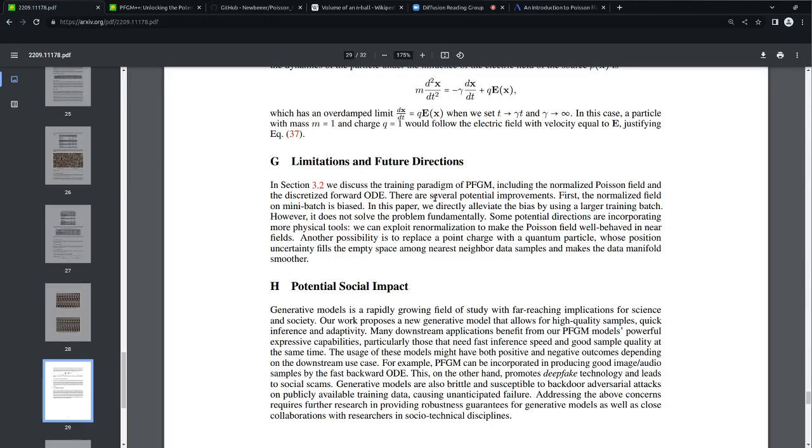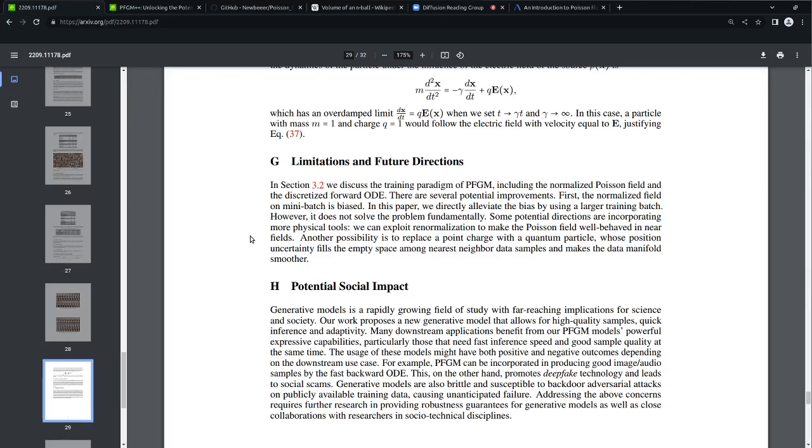So several potential improvements. First, they mentioned that they have a biased estimator, so that's a problem. Some potential directions incorporate more physical tools, so we can exploit renormalization to make the Poisson field well behaved in the near field. Renormalization is an entire subject, but it's a fairly widely used technique in physics.